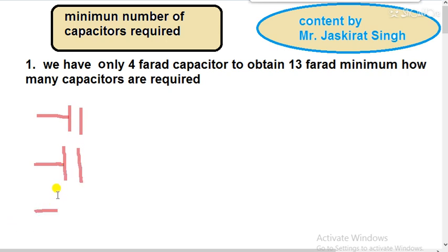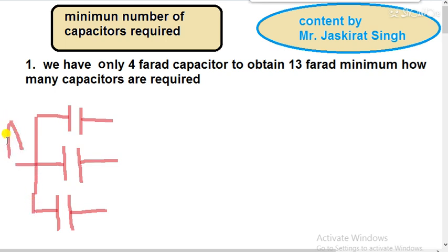Then these three, 4, 4, 4, will make 12. If I draw this one, let's take it as point A, this will give me a capacitance of 12 farad, because each one is 4, and 4 times 3 is 12.